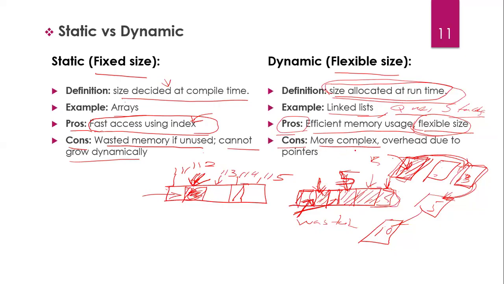Why is it complex? Can you tell why it's complex? If this is stored in continuous memory, we can directly get this data and move fast.